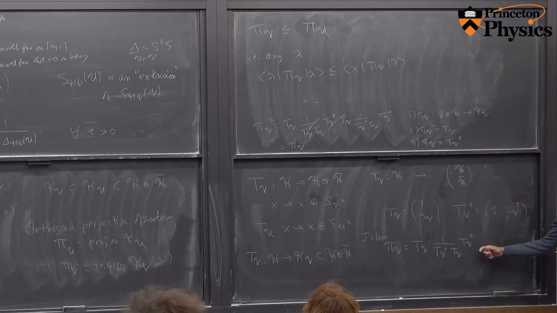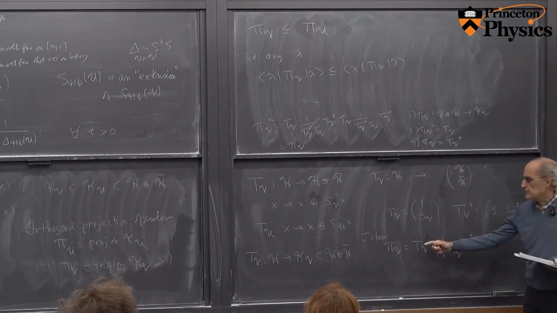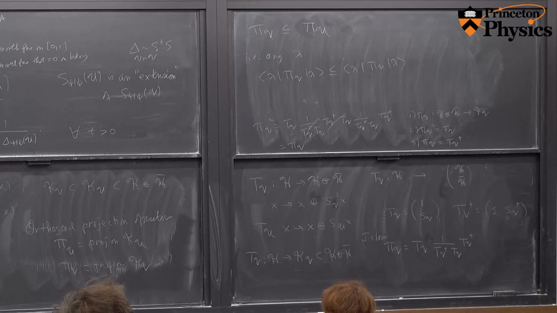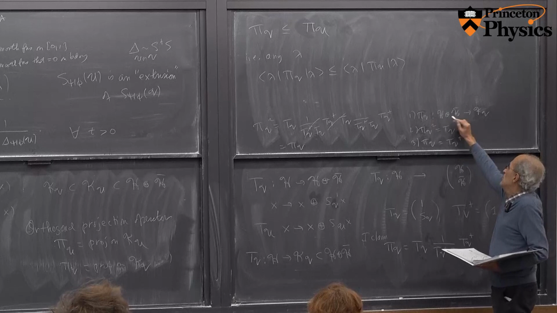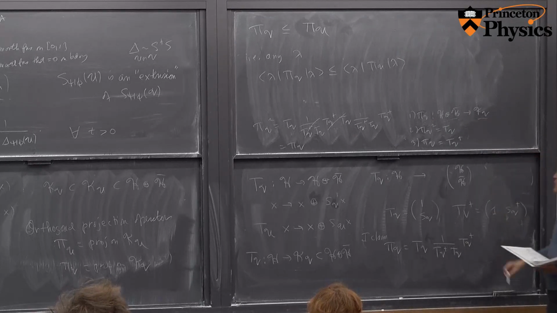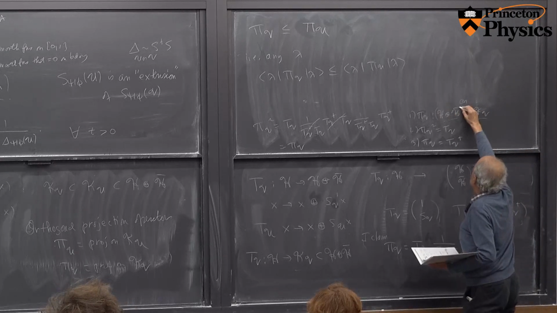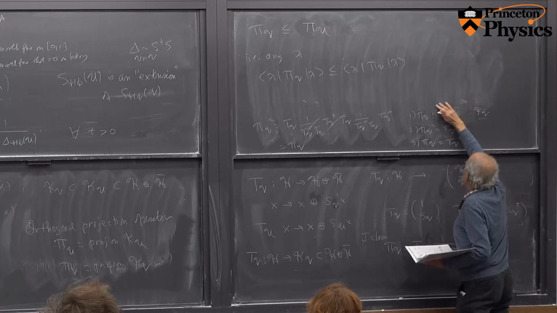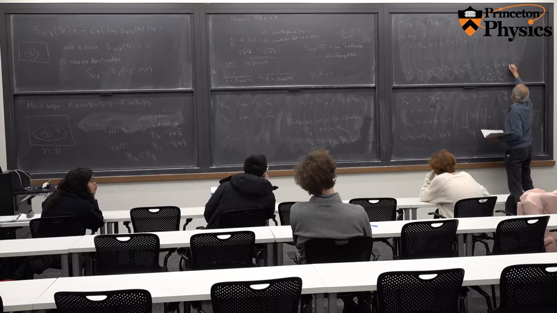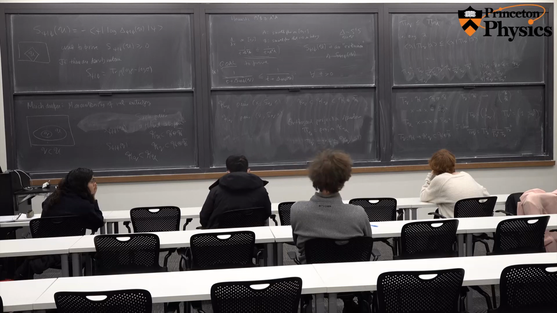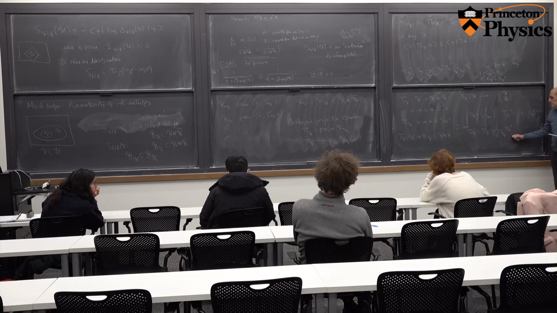Similarly, if you take the adjoint of pi v, you multiply all the same factors in the opposite order, and that gives the same thing again. So you have an operator that maps this space onto KV. What I've called pi v is the orthogonal projection operator. This is the formula for pi v.